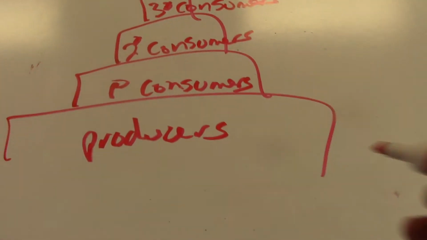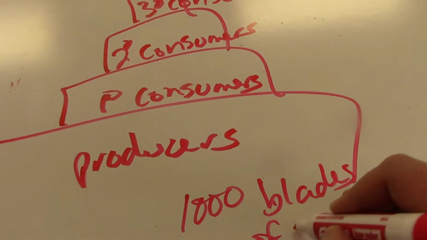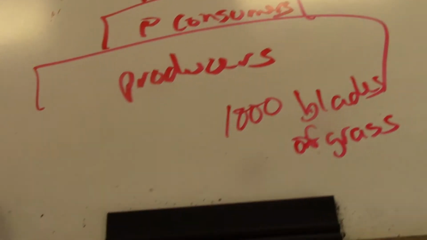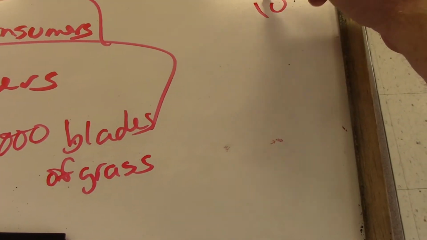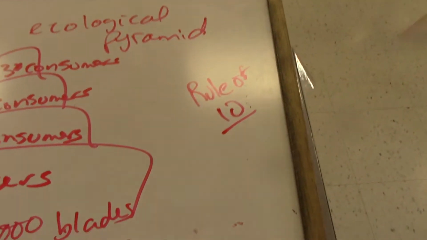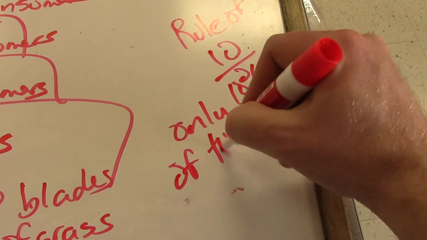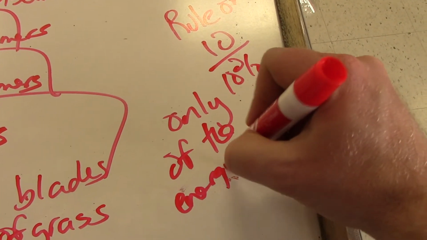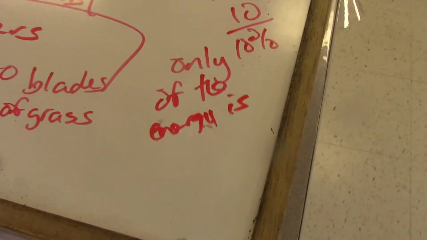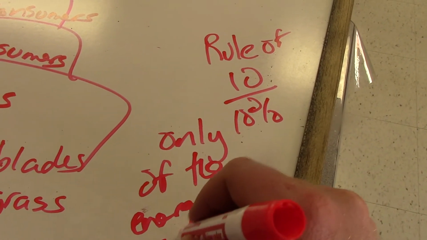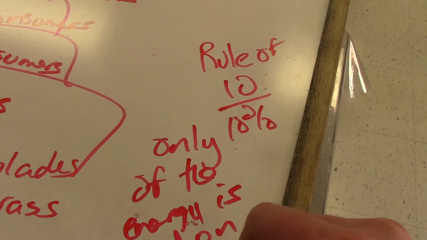So let's say, for example, I have 1,000 blades of grass. We have this rule with ecological pyramids called the rule of 10. Only 10% of energy is passed on to the next level.